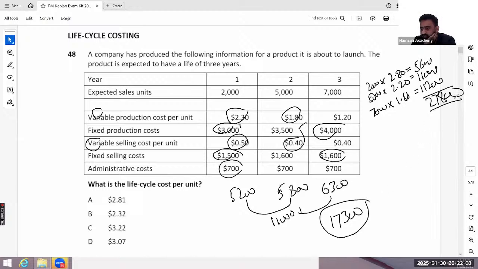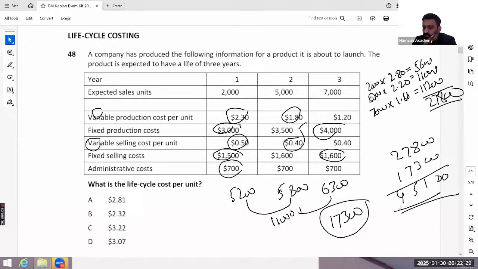Now what you need to do is sum up the 17,300 with 27,800. So it will be 45,100, the total cost. And the total number of units are 2 plus 5 plus 7, that is 14,000.